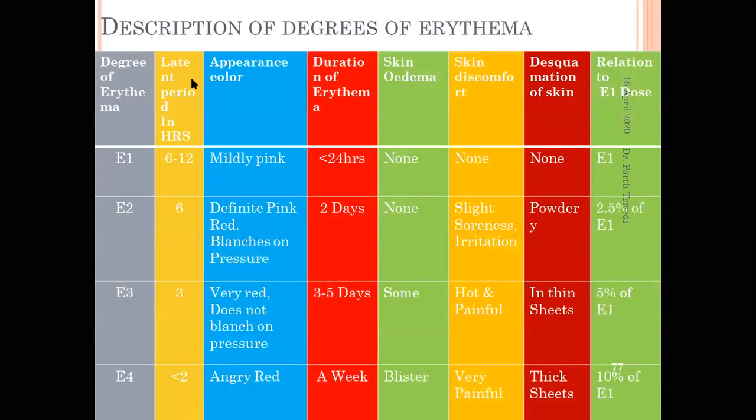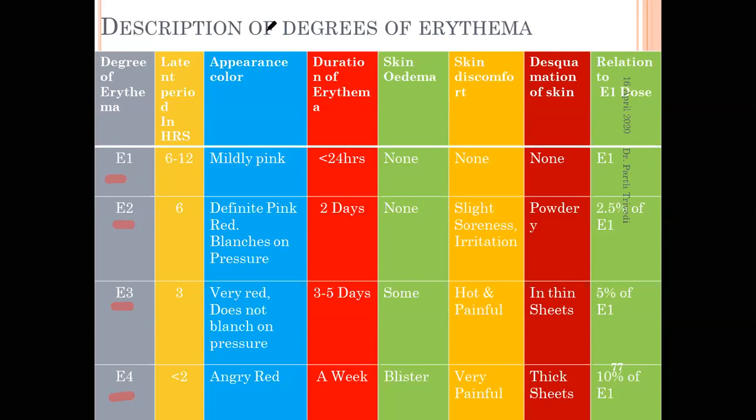Yes, a very important slide. I typically take somewhere around 5-10 minutes to explain this slide. So we have E1, E2, E3 and E4. E1 is the minimum dosage, the lowest dosage.